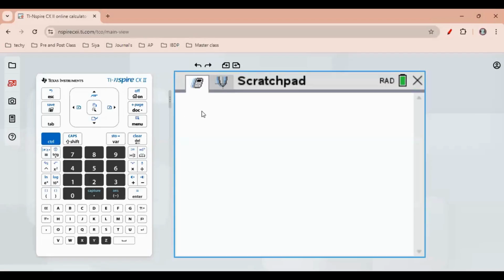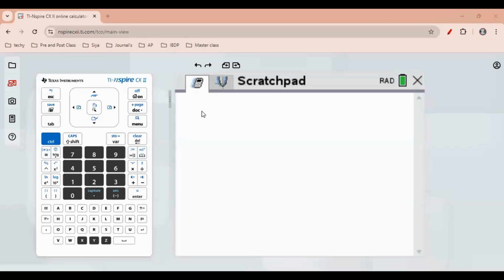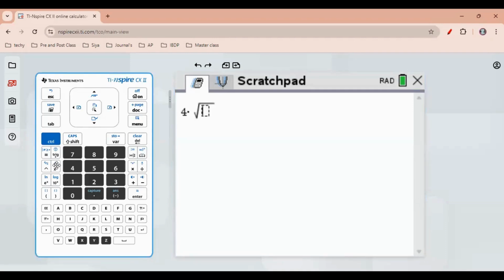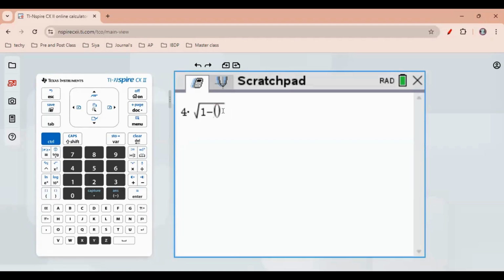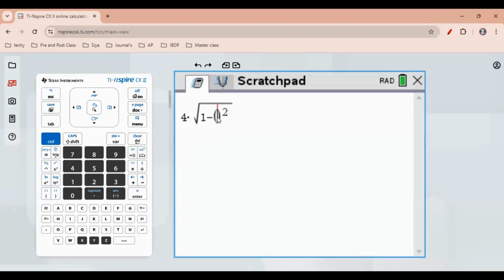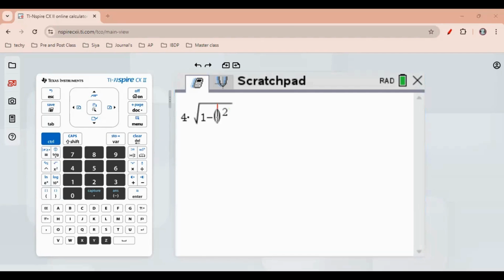So the expression we got is 4 times, under the root, so Control and root. 1 minus, then an expression starts, and we need to square it, which is 6 by root 2 minus 5 inside.